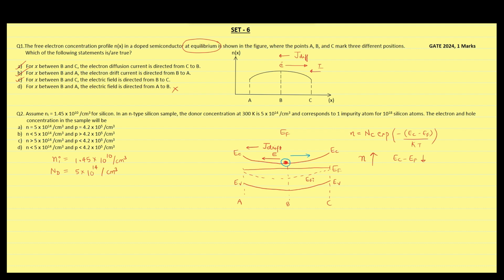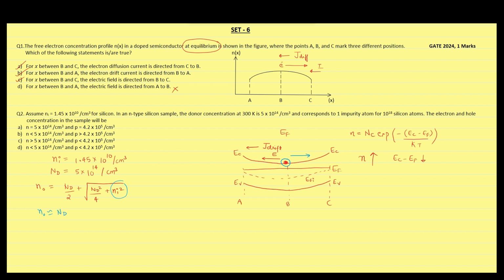You know the formula for free electron concentration, and you also know that generally when the doping concentration is significantly greater than intrinsic carrier concentration, we usually ignore this term, and after ignoring we get free electron concentration to be equal to ND.